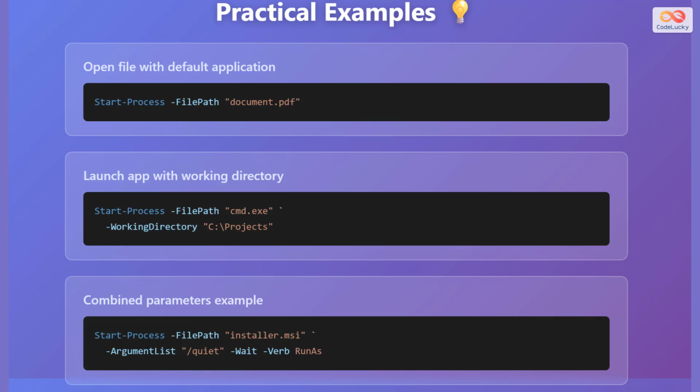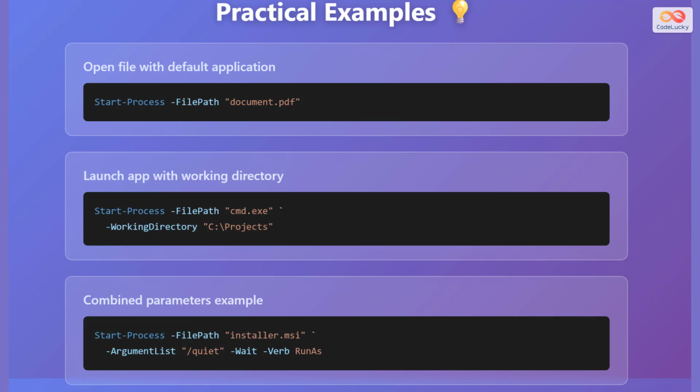Let's explore practical scenarios. To open a file with its default application, simply specify the file path. Start-Process -FilePath document.pdf, and Windows automatically uses the associated program. To launch Command Prompt in a specific directory, use the WorkingDirectory parameter. Start-Process -FilePath "cmd.exe" -WorkingDirectory "C:\projects".